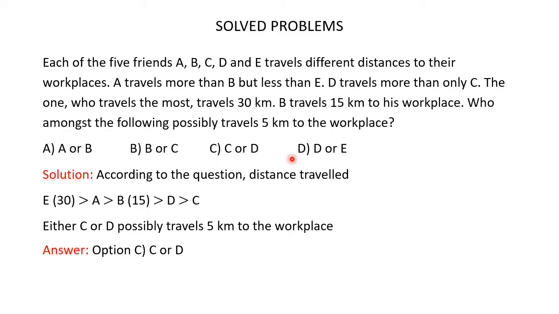Here you are given 4 options and you have to find out which of these options is the correct one. So here you are asked to find who possibly travels 5 kilometers to the workplace.